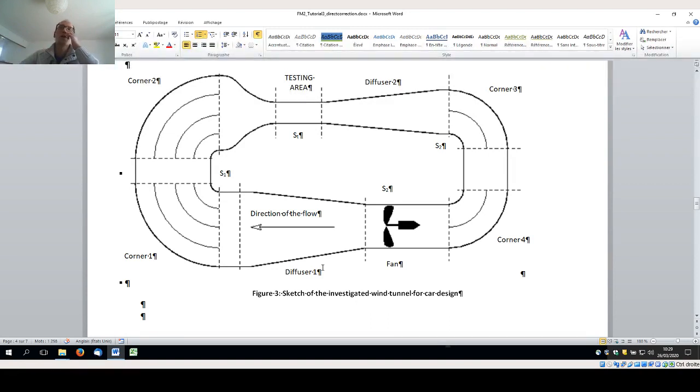And what we want to design is the power of the aerodynamic system, which is a fan here, which will induce the flow in the wind tunnel. So we want to have information about the fan inside our problem.